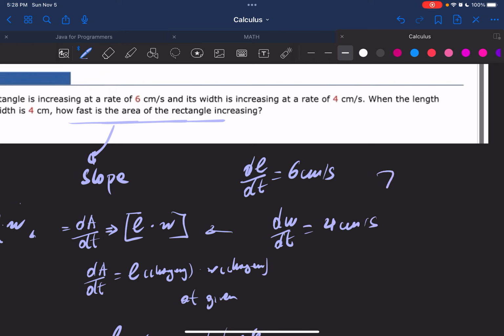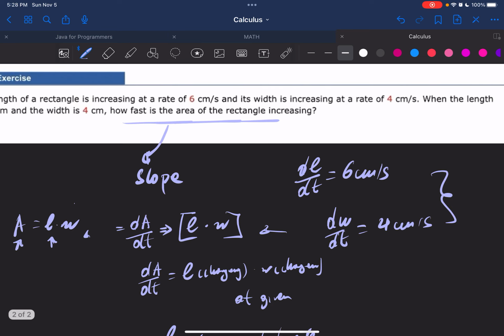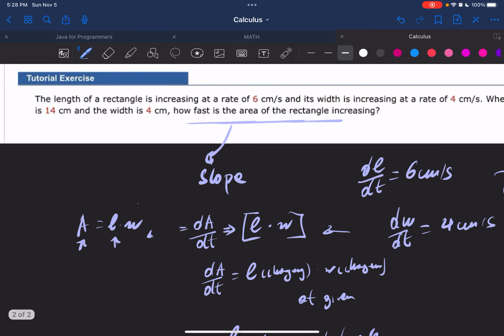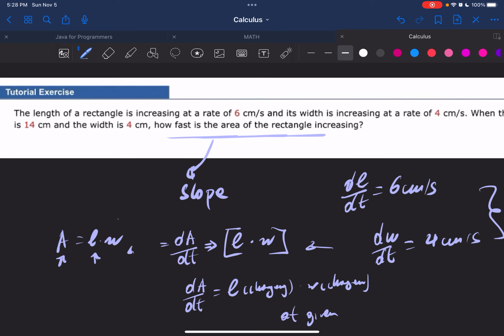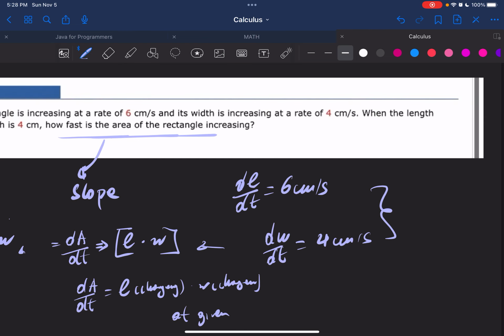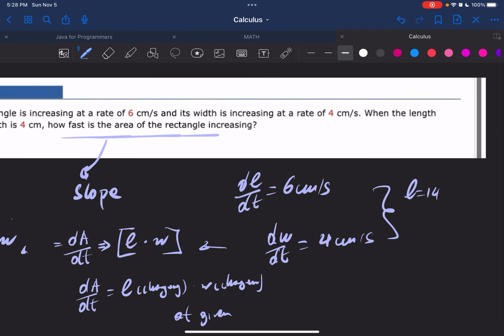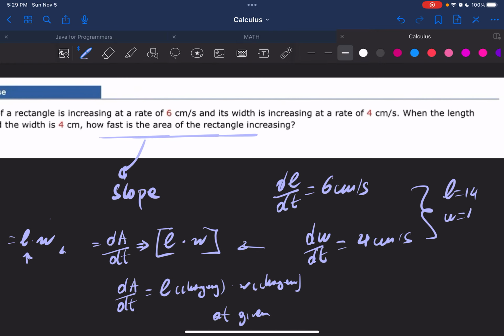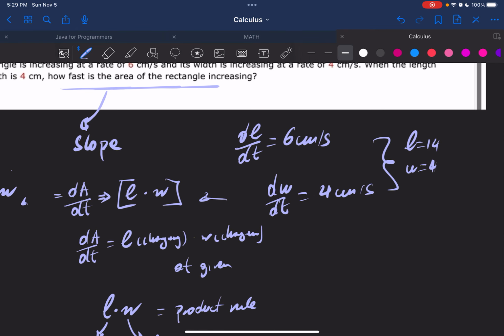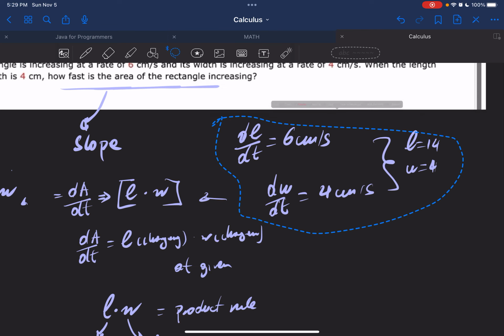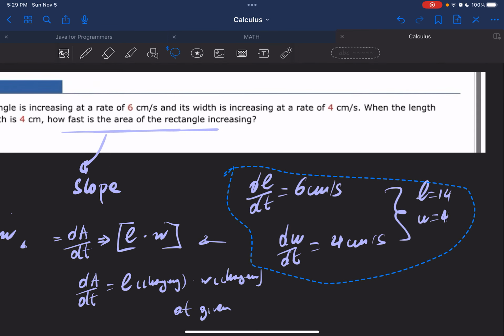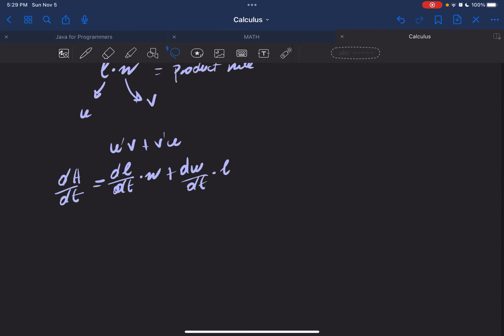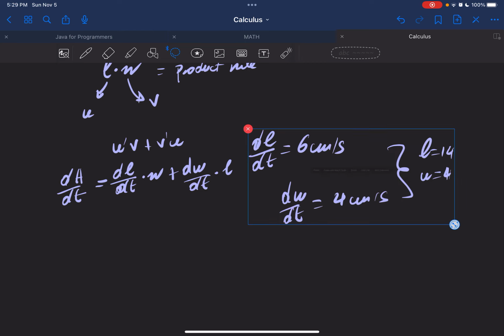And they want to find the change happening to the area at the point where the length is 14 and the width is 4. So I have all of this here, which I'm going to copy and paste down here next to my formula.